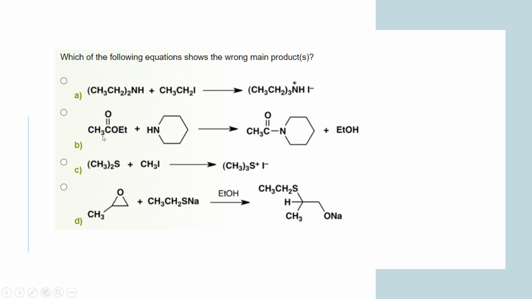So yes, this reaction is also showing the products correctly, because you get the correct products, which are this amide that forms, and ethanol as the byproduct. So option B is also showing the correct products.